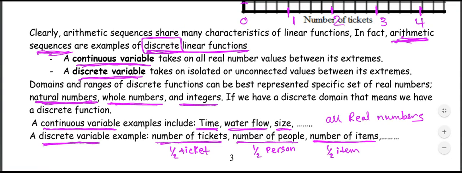And these are numbers that disconnect. They're not continuous, like the real numbers. They're all connected together. That's why when the domain or range of a function is continuous, the function is called a continuous function. But when the domain and range are discrete, we call the function a discrete function.